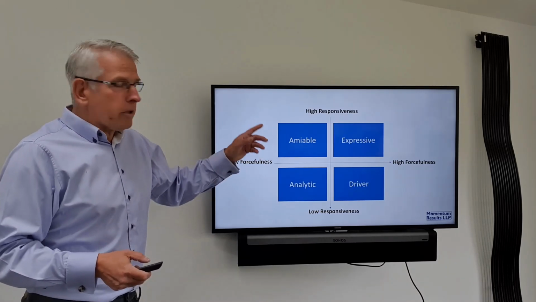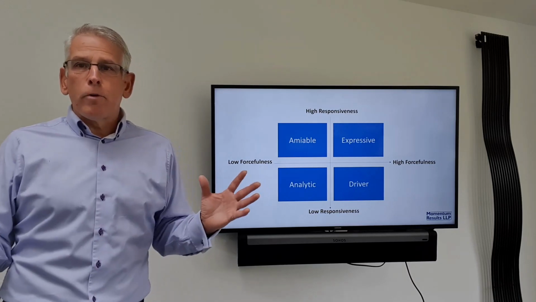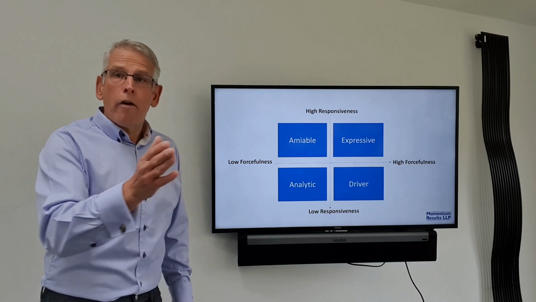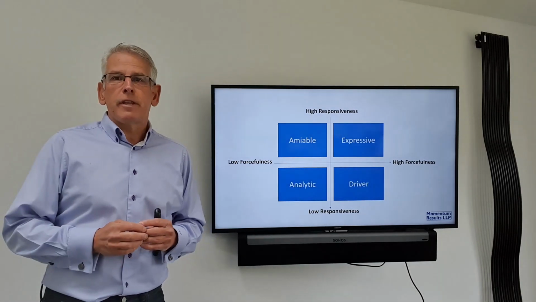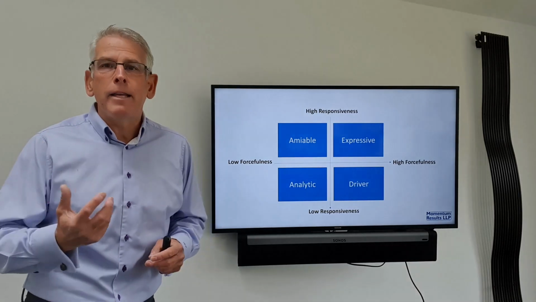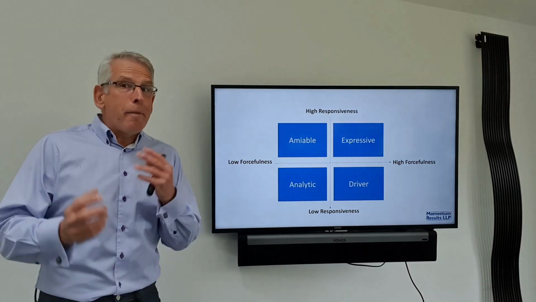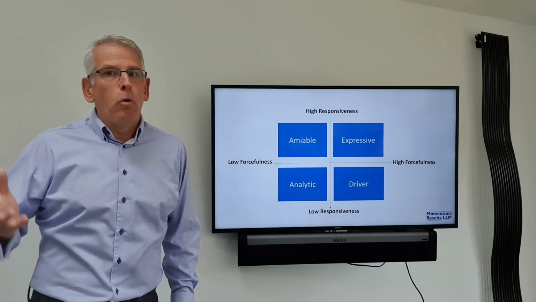Okay, let's start in the top far corner. Somebody who's highly responsive, so very animated, very lively, but also can be quite forceful. And there's varying degrees of that. These we call expressives. They tend to be very outgoing, very animated, very lively, very engaging, very imaginative, very spontaneous, but equally can get bored quickly.